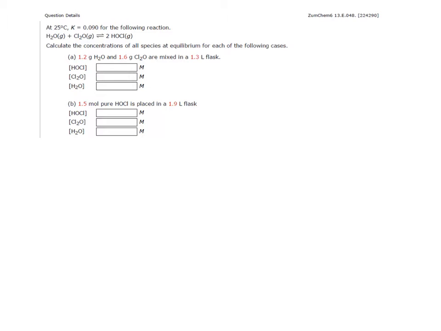In this problem, we're going to take a look at part B in this video. In part B, we're given some number of moles of HOCl and a volume. And of course, we'll start by dividing the moles by the volume in order to get the molarity.